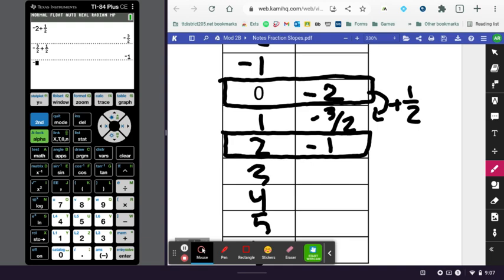Then we're going to take -1 and add a half again, which gives us -1/2. Well, that's an ugly fraction that I don't want to deal with. So I'm going to take -1/2 and add a half again.